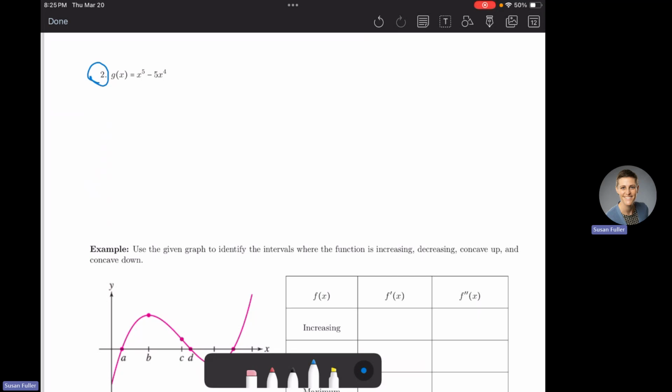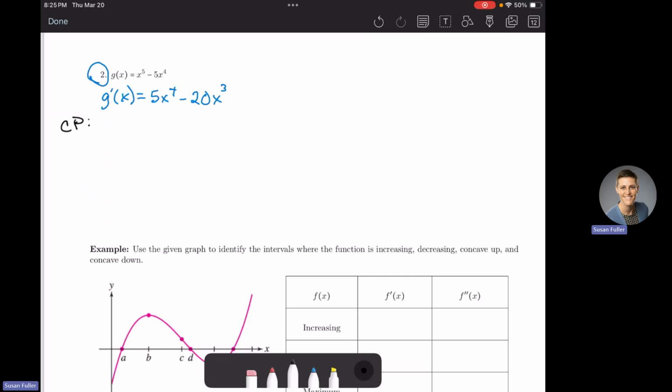So the first thing we need to do is find our critical points. That requires our first derivative. All right, first derivative here is 5x to the fourth minus 20x to the third. That's our first derivative. And again, we're finding critical points.